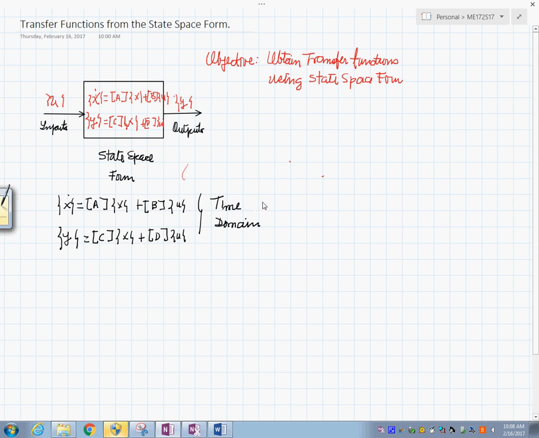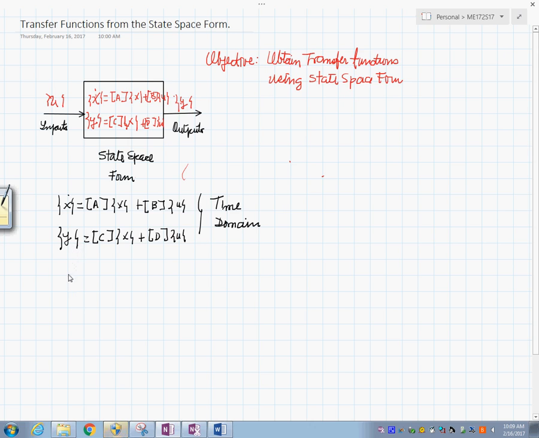All right, here we have the equations in the time domain, and in order to do this, we should apply the Laplace transform as we did a little earlier in the video, to obtain the transfer function. We are going to apply the Laplace transform, but to the system of equations, not just to one equation, but to a system of equations.